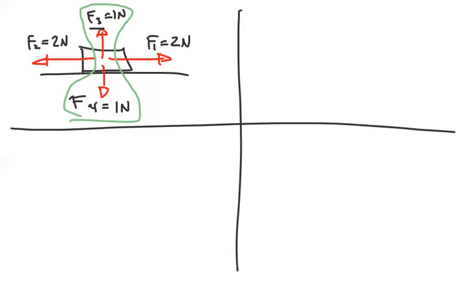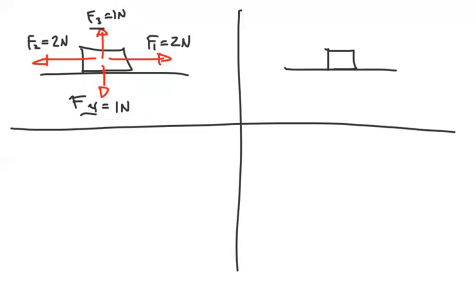F3 is 1 Newton, F4 is 1 Newton, so they come together. If they were in the same direction, it would be 2 Newtons, but since they're equal and opposite, the superposition is non-existent. So for the net vector in the y direction, we just don't draw anything.